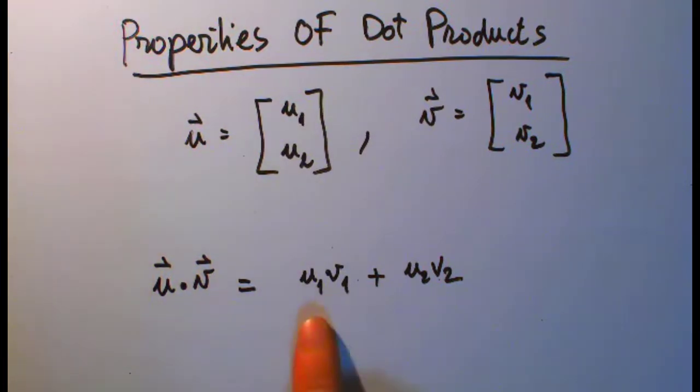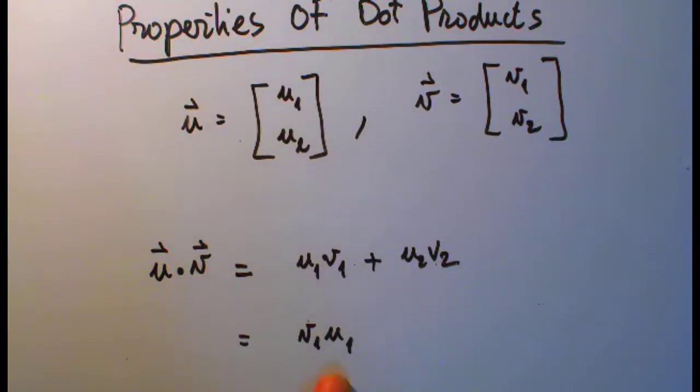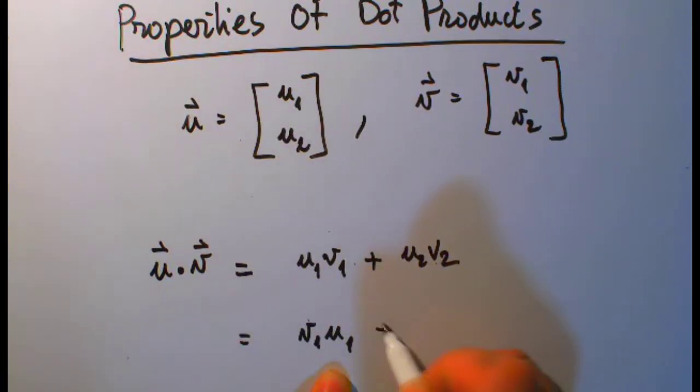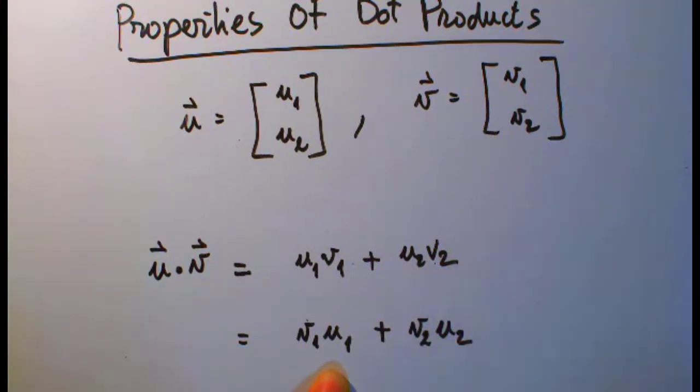But now we are entirely in the usual multiplications. Based on the usual multiplications, u1 times v1 can be the same as v1 times u1, simply because multiplication in real numbers is commutative. Plus, that second term becomes v2 times u2.